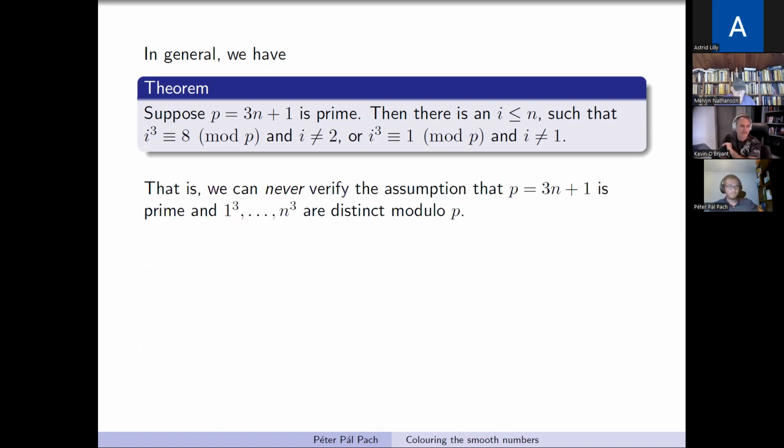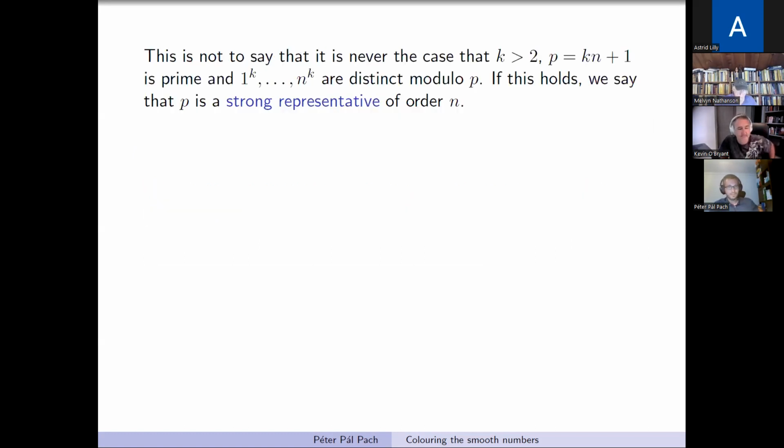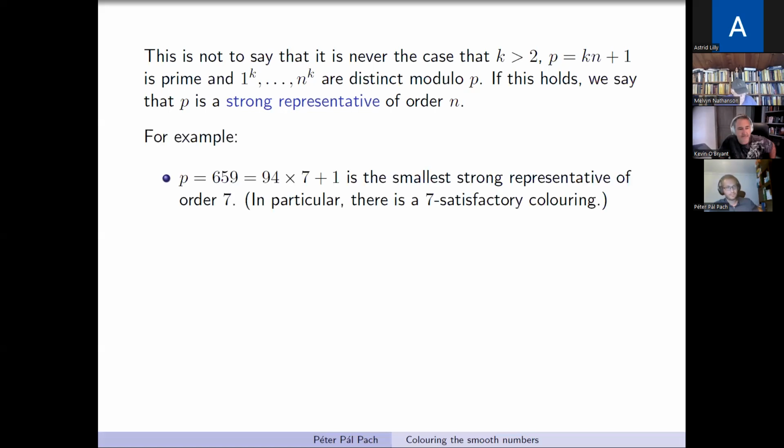So for n+1 and 2n+1, it was a success story. With 3n+1, we didn't get any new constructions, but for larger values of k, it is still possible that this condition holds. In this case, we say that the prime p is a strong representative of order n. If for a certain n we can find a strong representative, then there is an unsatisfactory coloring.